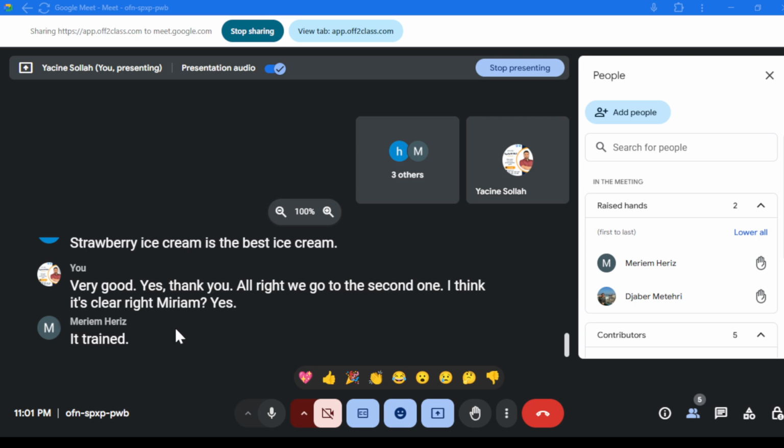Okay. Neptune, Mr. Jabber. Yes? Neptune is the farthest planet from the sun. Pluto used to be the farthest planet, but scientists decided in August 2006 that Pluto was a dwarf planet.